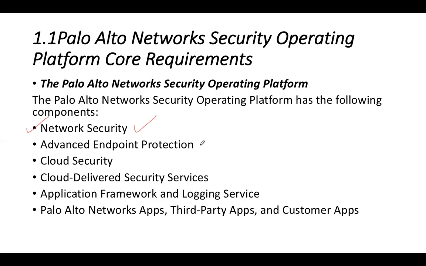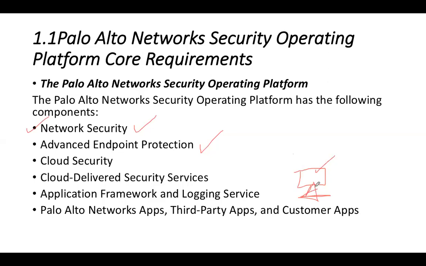Advanced endpoint protection. So advanced endpoint protection is where not only the network traffic, but if we have end devices across the network, for example this PC, Palo Alto is also going to make sure that this PC is not compromised.